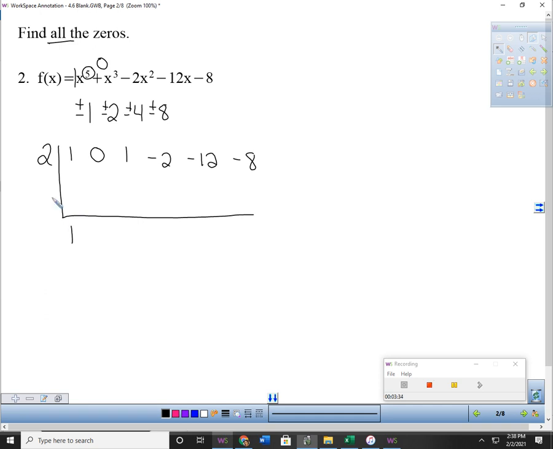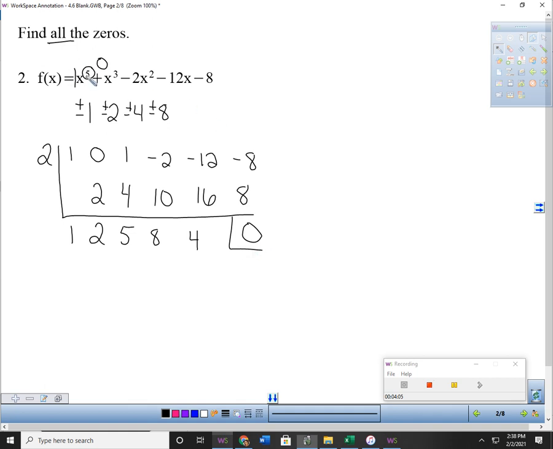So I drop the 1. 2 times 1 is 2, plus 0 is 2, times 2 is 4, plus 1 is 5, times 2 is 10, plus -2 is positive 8. 8 times 2 is 16, plus a -12 is 4, times 2 is 8, which gives me my remainder of 0.